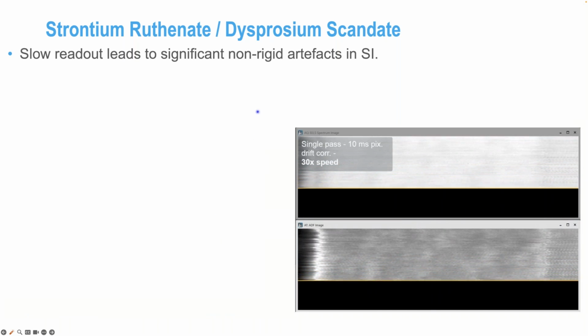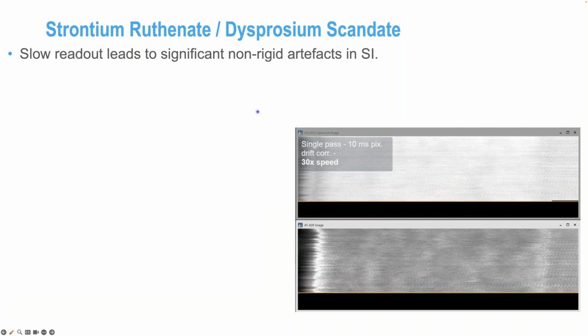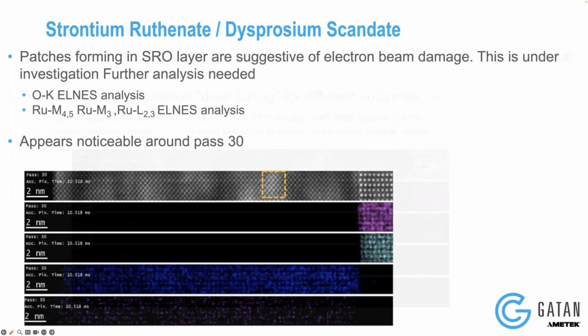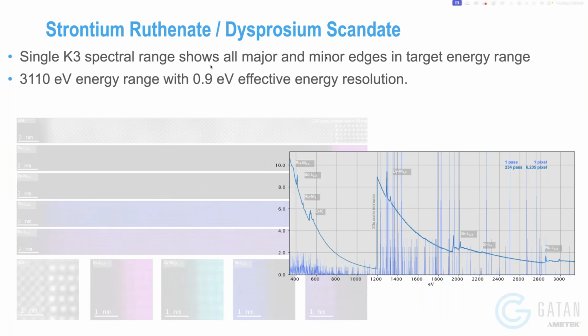Now, if I want to do an ELNES type analysis, then I want my spectrum to look like this one. This is an ideal scenario. I've got every ionization edge that I'm interested in from the sample, and I have 0.9 eV energy resolution.